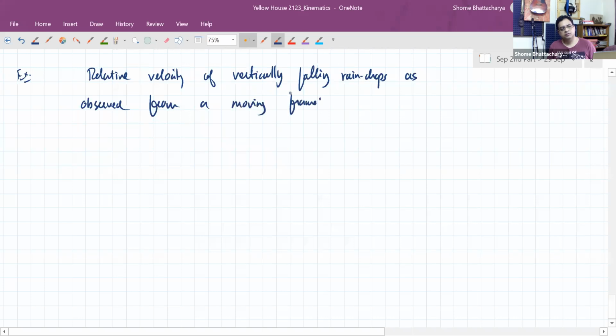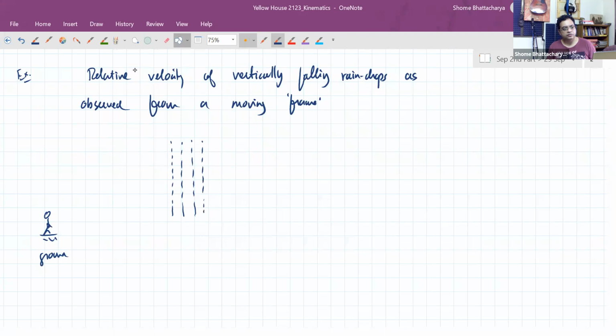So if we have a situation that when we see in the ground frame, what we are seeing is that the rain is falling vertically like this, such that the velocity vector of the rain in the ground frame, as it hits the ground, is VR.